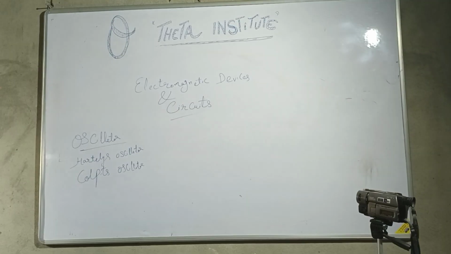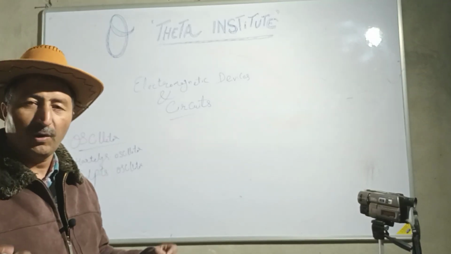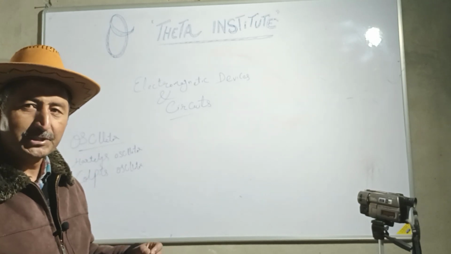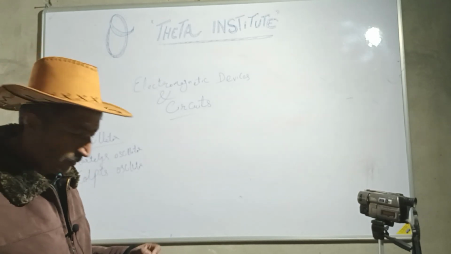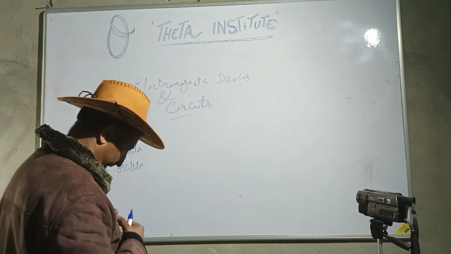Now we have seen that oscillations are made by a parallel combination of a capacitor and a coil.